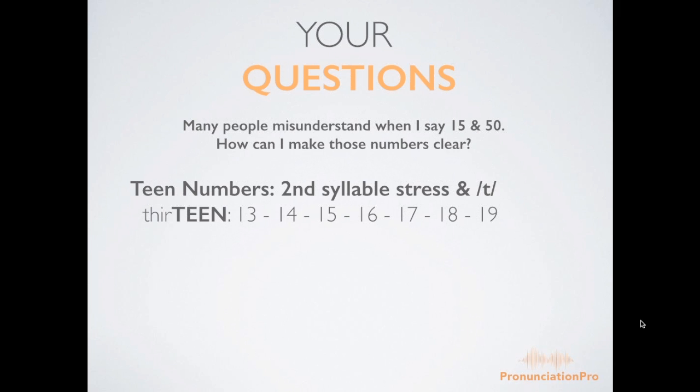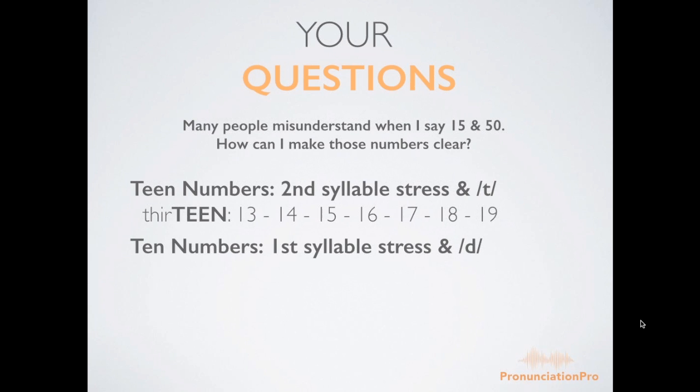If you're in a situation right now where you can say that out loud, please do it and practice both the second syllable stress and getting that T sound in there. Okay, so hopefully you're able to do that.